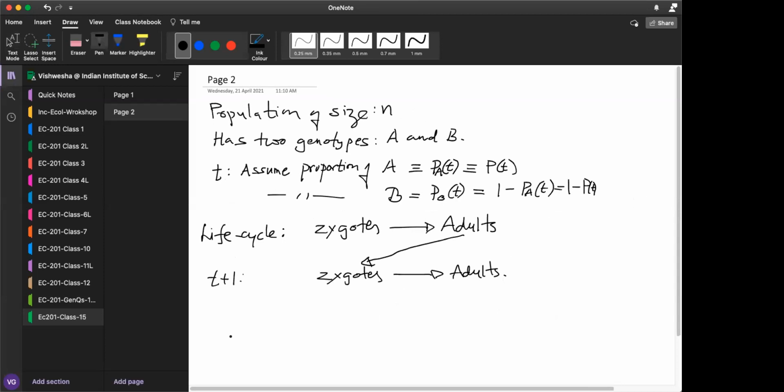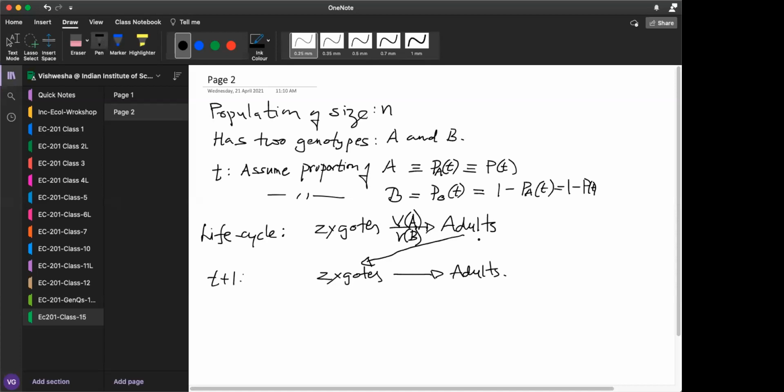Okay. So let's assume that when zygotes become adults, there is some chance that some of them may survive and some of them may not survive. Let's denote that by V of A. So there are some zygotes and they have a chance VA of becoming adults, if that's genotype A. On the other hand, if they are genotype B, let's say they have probability V of B to become adults, because obviously not everyone is becoming an adult.